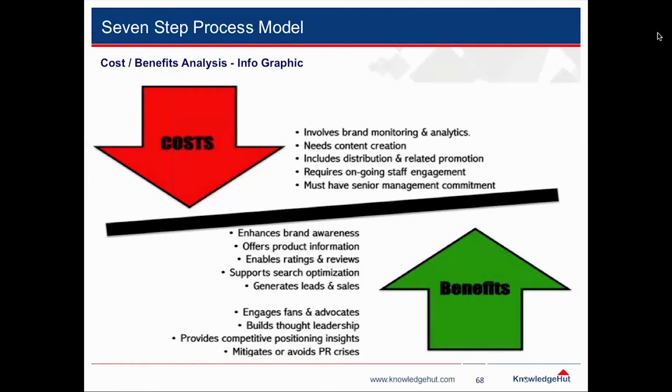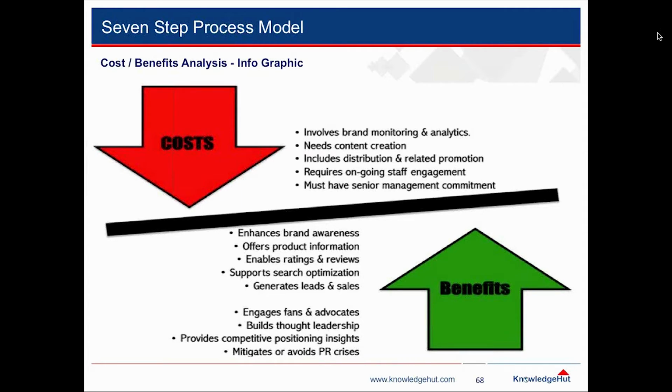This picture is really around what does it cost for you to do what you're doing, and how do you really create value for your customer because of that. And there are different elements that play into that.